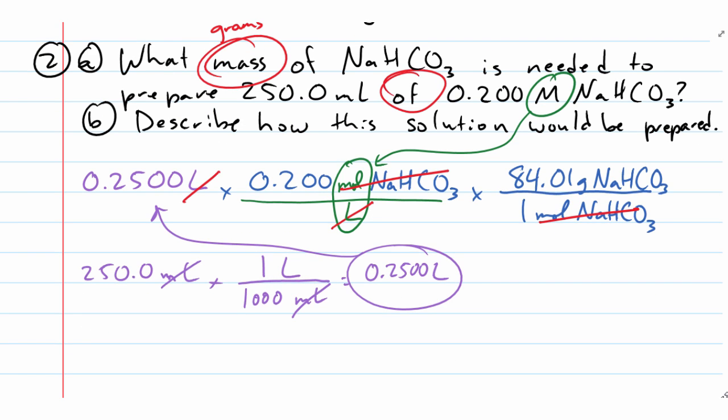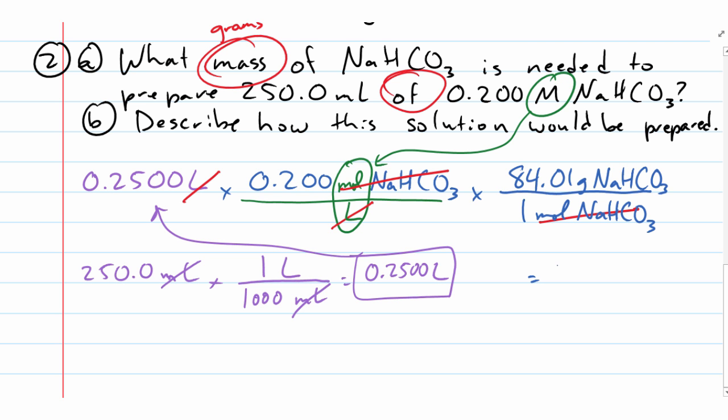Well, now this is set up to solve this problem. We then take 0.2500, multiply it by 0.2, and multiply it again by 84.01. Once we get that answer, how many significant figures should be in the answer?